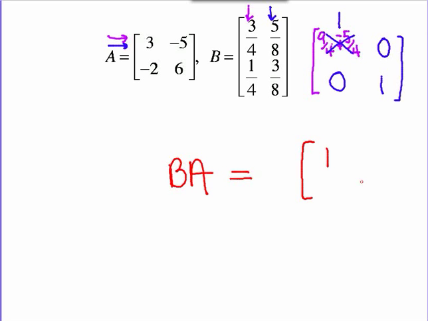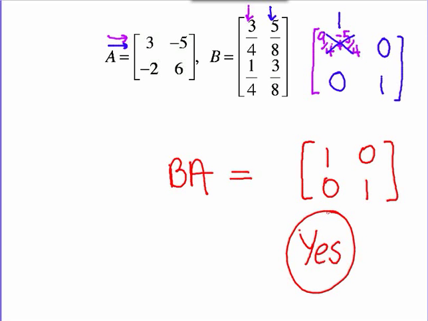That'd be negative 15/4 plus 30/8, which would be 0. Row 2, column 1, which would be 3/4 plus negative 6/8, which is 0, and then negative 5/4 and 8, which is 1. Okay, so they did in fact come out to be 1, 0, 0, 1 from both. So these are in fact inverses of each other.